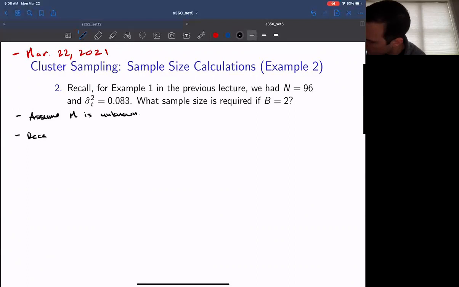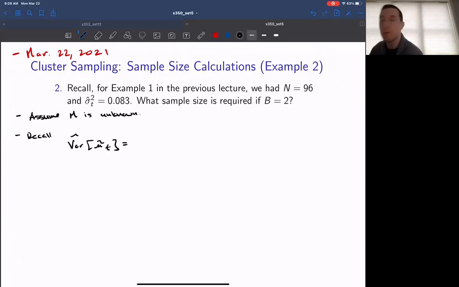So recall that the variance of mu tilde t is equal to 1 minus little n over capital N multiplied by sigma squared t over little n.